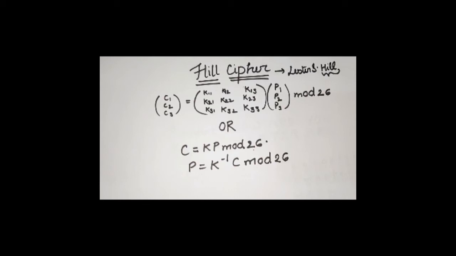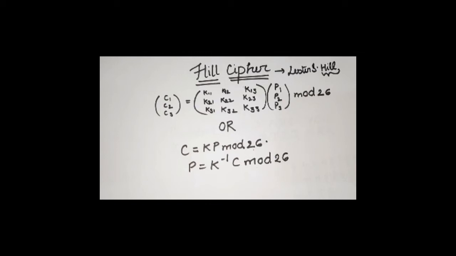So the encryption algorithm here takes n successive plain text letters and substitutes them with m cipher letters. Always remember that this is also a unit by unit conversion of plain text into ciphertext.